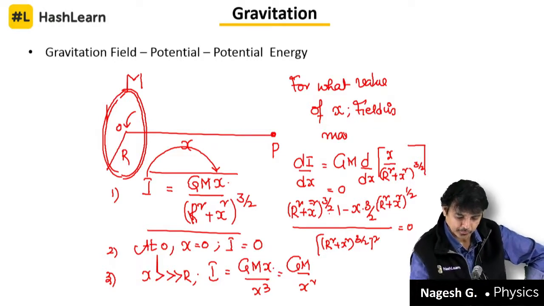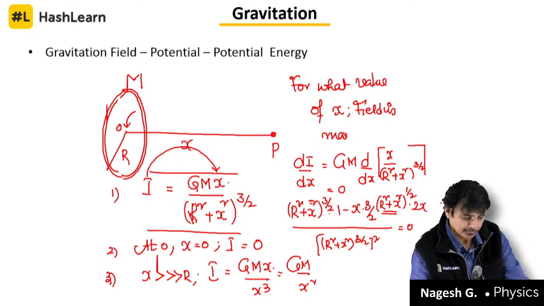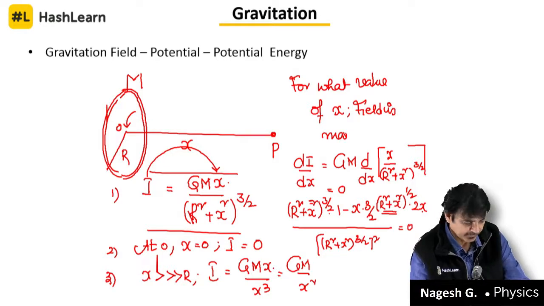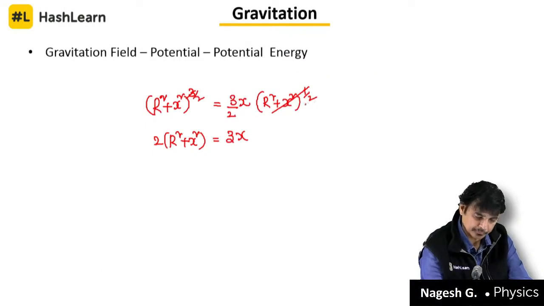So we have taken x into 3 by 2 (r square plus x square) whole to the power of 1 by 2 into the inner derivative of x square, which is 2x. Since we are differentiating with respect to x, you have to write the inner derivative also. Therefore this will be equal to into 2x.